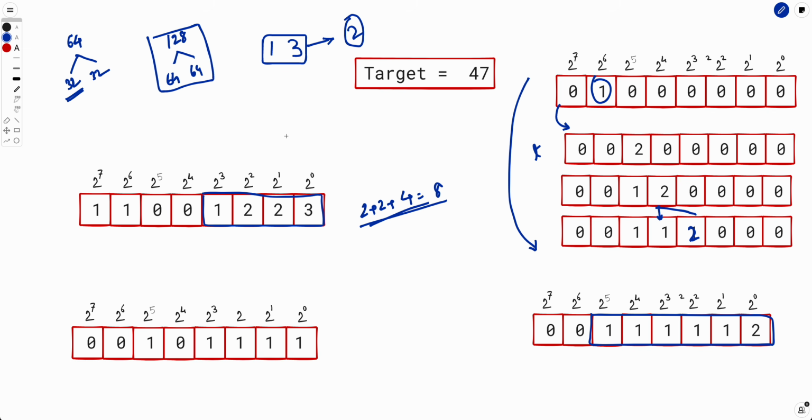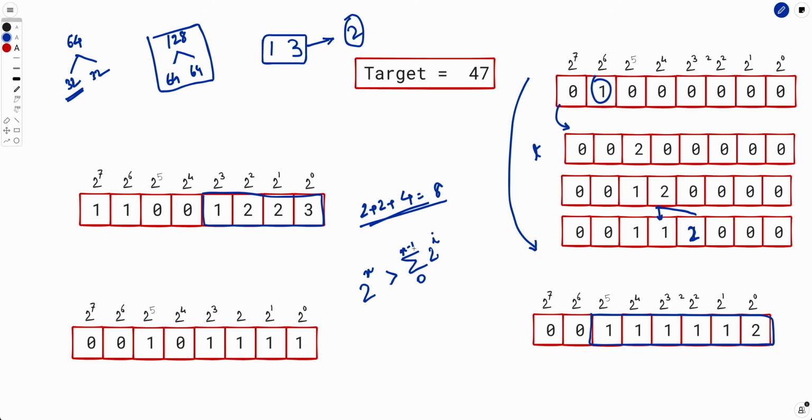So how is it possible here, or how are we actually sure about this? The answer is very simple, because everything is a power of 2, and with powers of 2 there is a nice property: 2 power x is actually greater than the summation of 2 power i, where i lies between 0 and x minus 1.